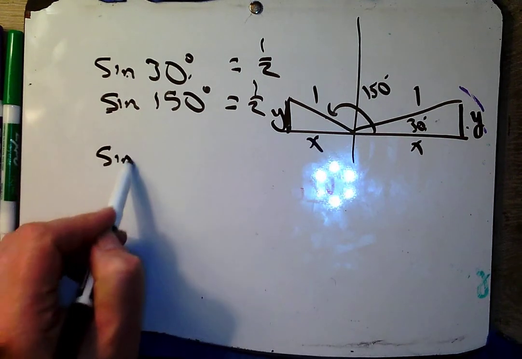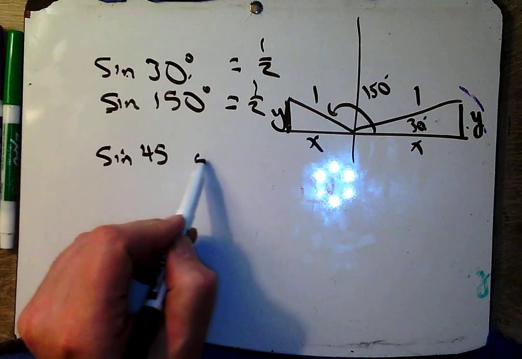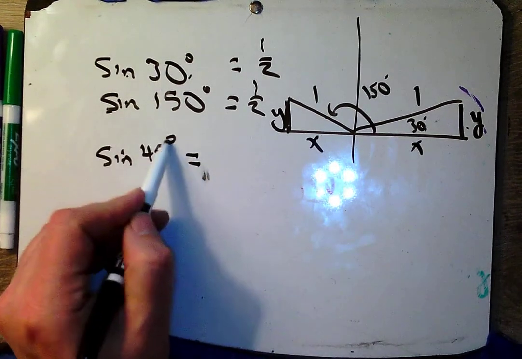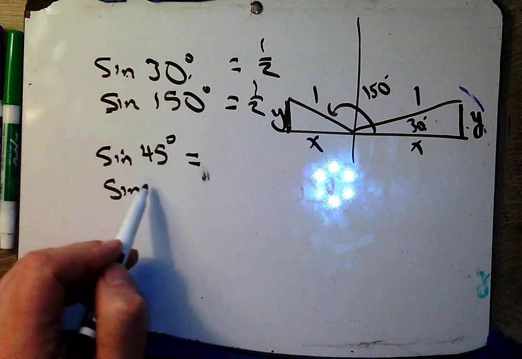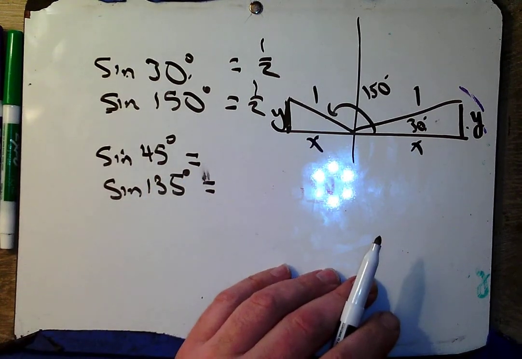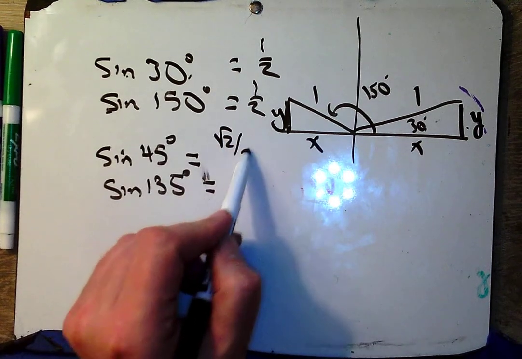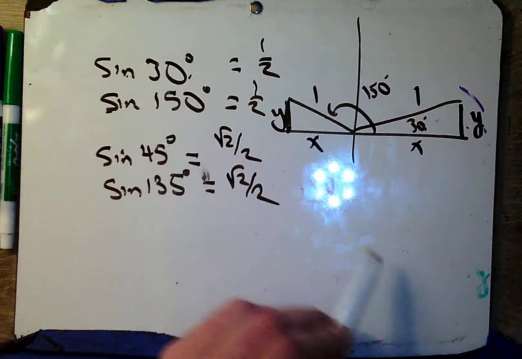How about the sine of 45 degrees and the sine of 135 degrees? What do you notice with those? This is root 2 over 2, and this is root 2 over 2.